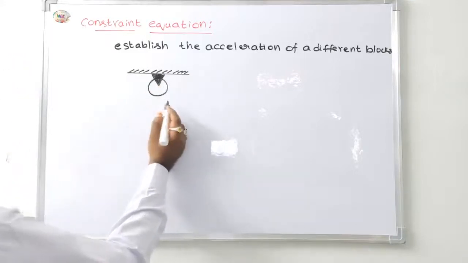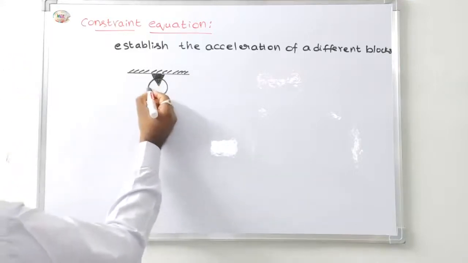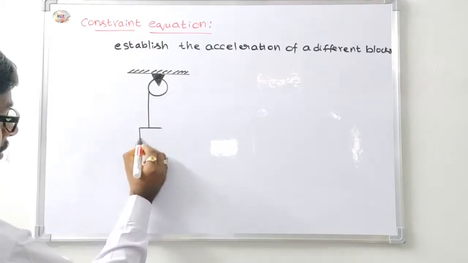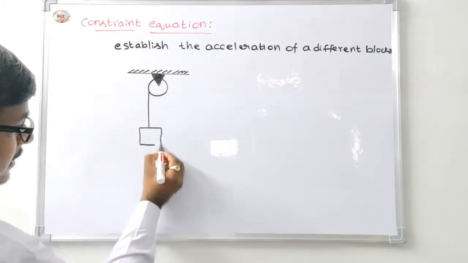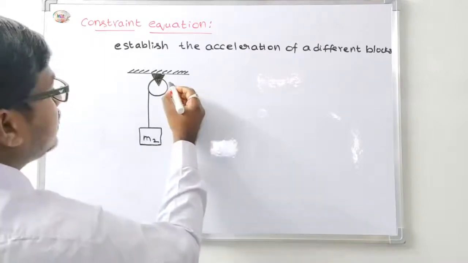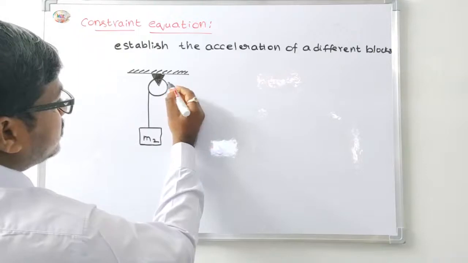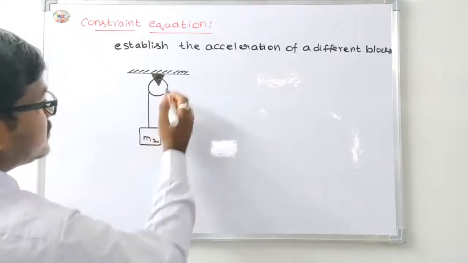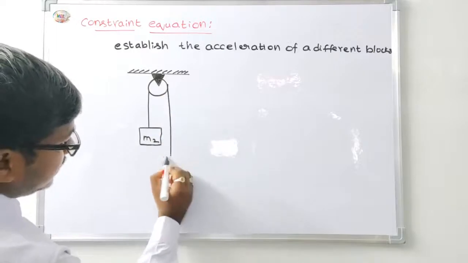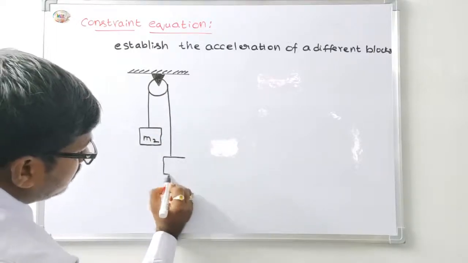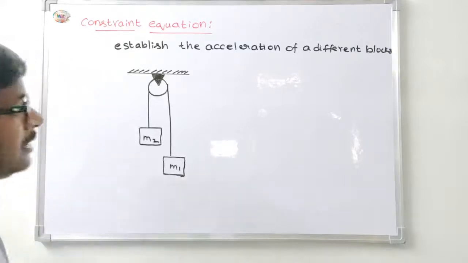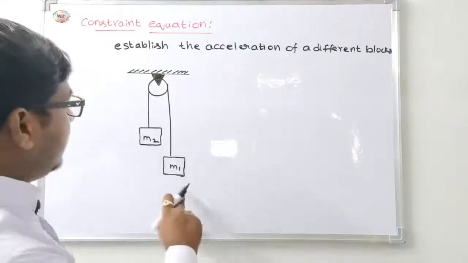In this pulley, the block of mass M2 is connected to one end of the string, and the other end of the string is connected to another block of mass M1.